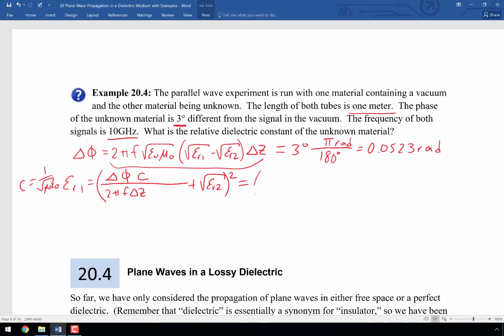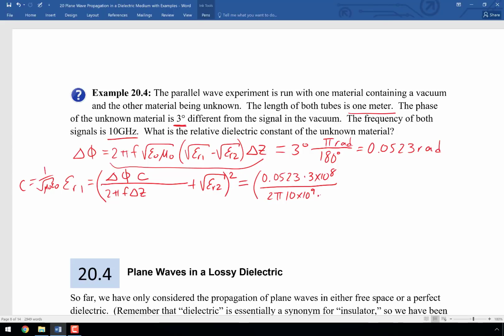So we know that this is going to be 0.0523, that's delta phi in radians, must be in radians, times 3 times 10 to the 8th, that's c, divided by 2 pi times f. F is 10 times 10 to the 9th, because it's 10 gigahertz.